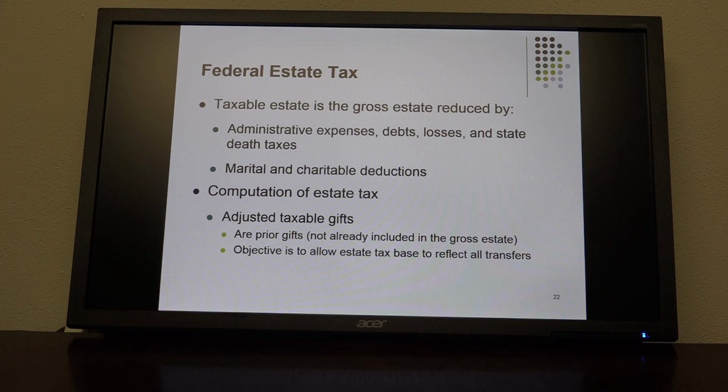So 10.86 million, 10,860,000. So again, there's a lot of estate that can pass before there's any estate tax due.